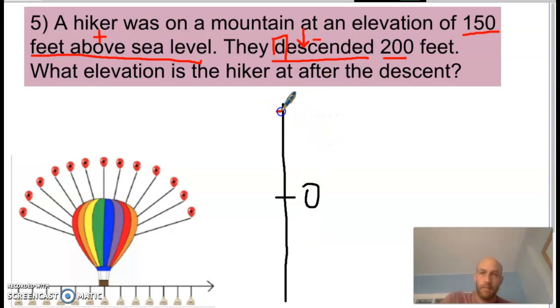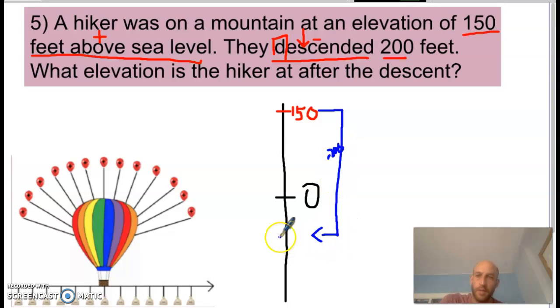Okay, what is the elevation after the descent? So here I am, 150. This is where we're going to use distance from 0 to really help us out. Actually, I want to start here. I want to go down 200. And that's going to put me below 0 for sure because I'm only at 150.